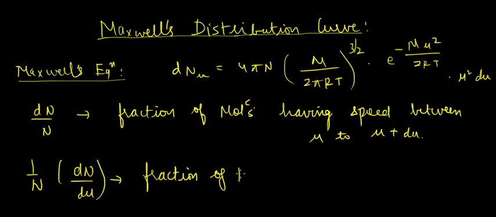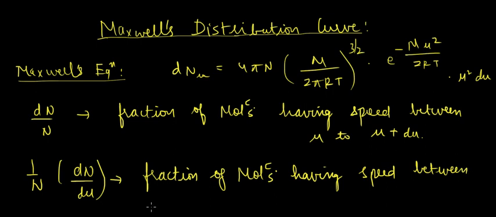Fraction of molecules having speed between u to u plus du per unit interval of speed.